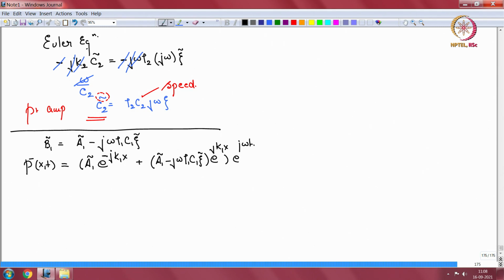Okay, so if I now add, I get twice A1 tilde cos k1x minus j omega rho 1 c1 xi tilde e to the power of j k1x.